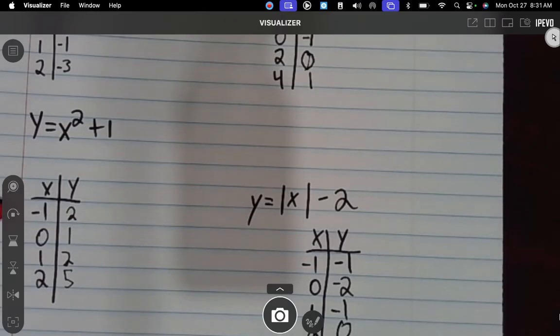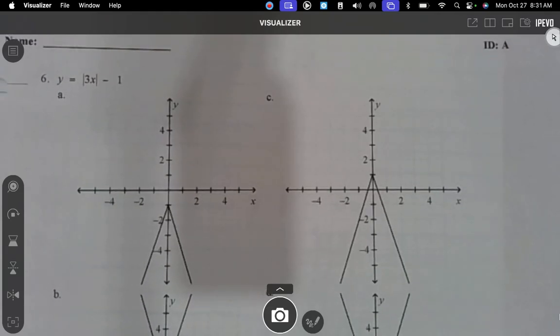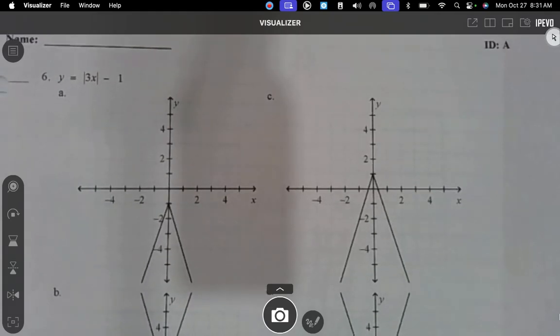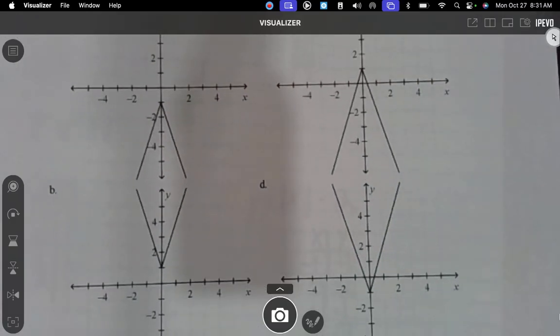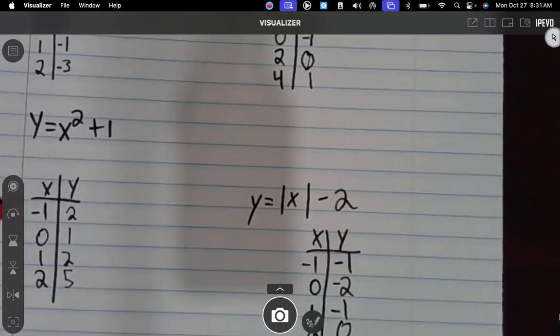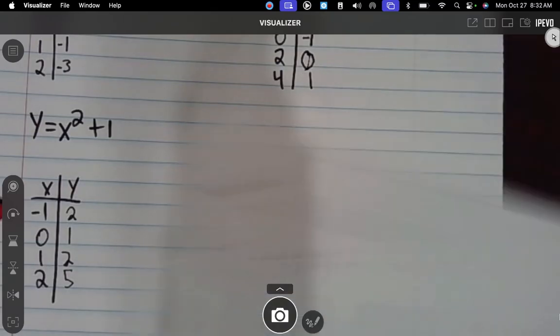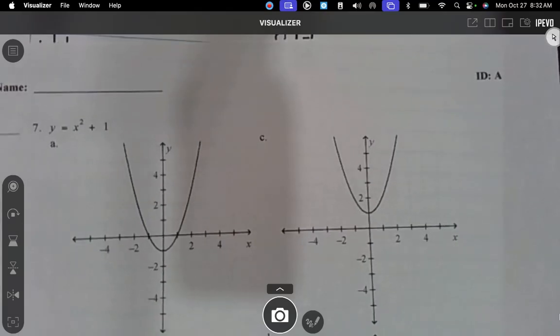It's got a skinnier graph. Look at your table, make a table, and then see which one matches. And number 7. And remember, you have today and tomorrow to do this.